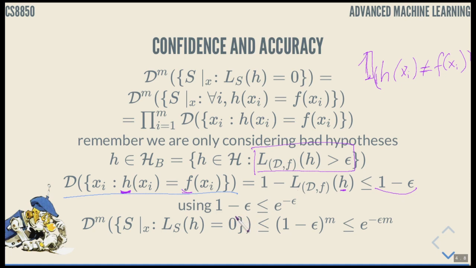And if we use the identity that 1 minus epsilon is less than or equal to e to the power minus epsilon, then we can upper bound the probability of getting a sample at which a bad hypothesis, remember we're working with bad hypotheses only, returns 0 empirical loss.